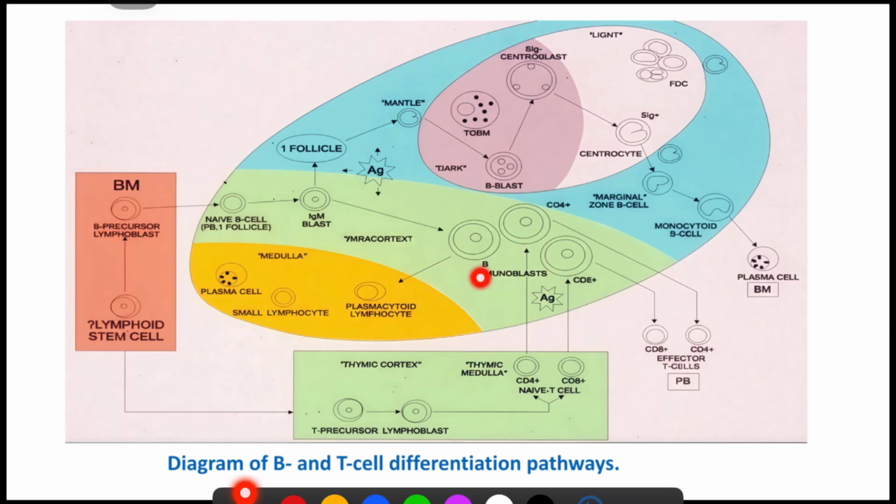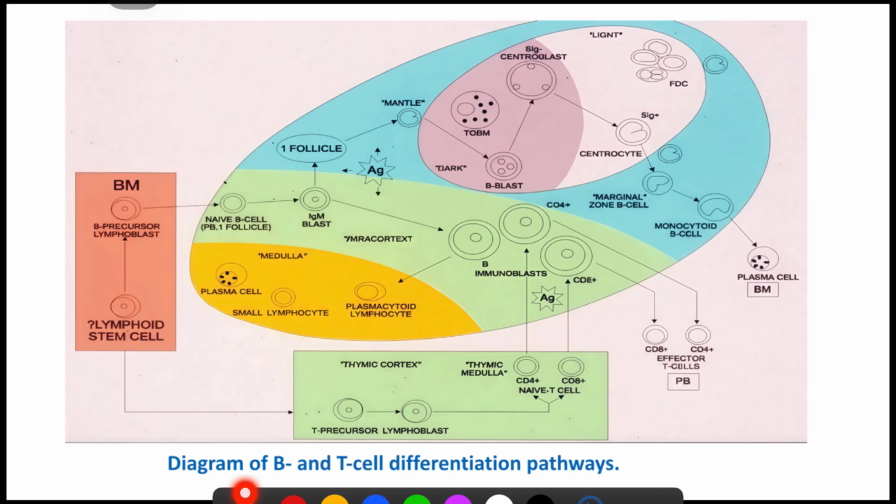Here they become T cell immunoblast, and few T cells are also present in this follicle, right? So this T cell helps B blast, means centroblast and centrocyte, for its function, as well as FDC or follicular dendritic cells are also necessary for germinal center function.